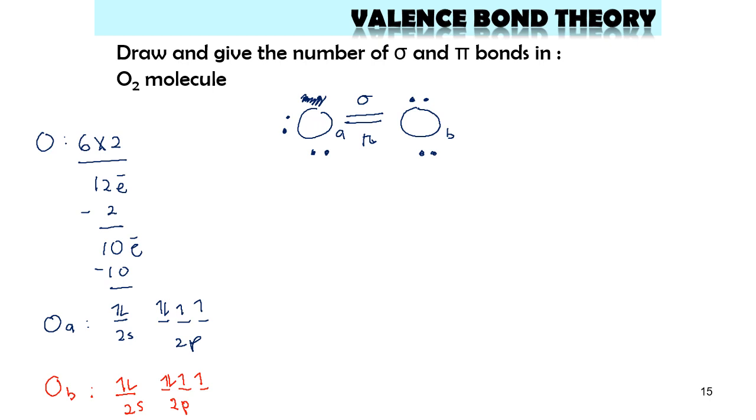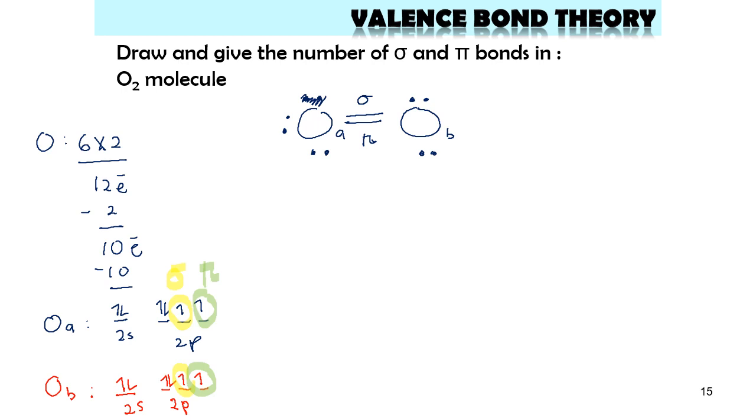Okay, so you can see here to make a double bond, you must have 2 single electron. So 1 single electron here will be paired up with another single electron from oxygen B. Okay, so this we will form a sigma bond. Okay, so the next pair here, 1 single electron will be shared with another single electron to form a covalent bond, which is the pi bond.